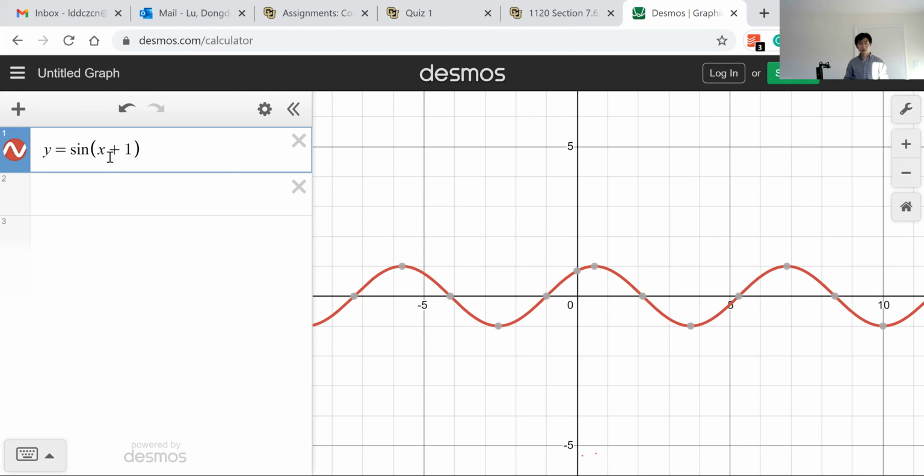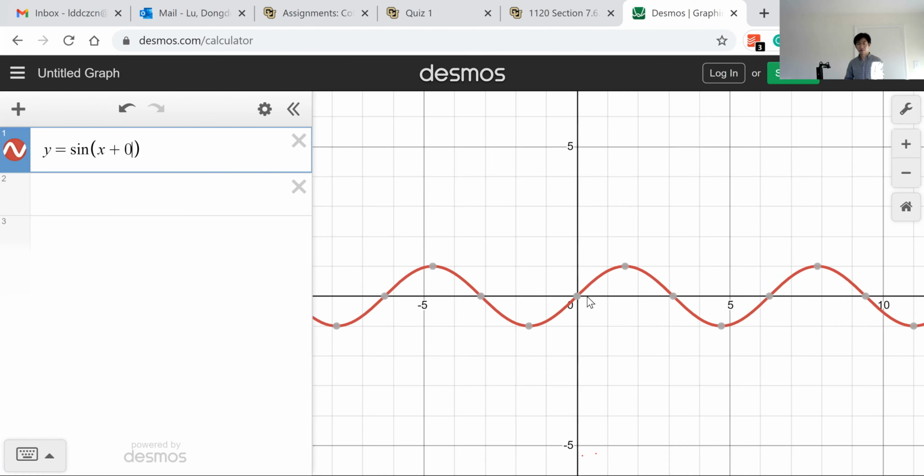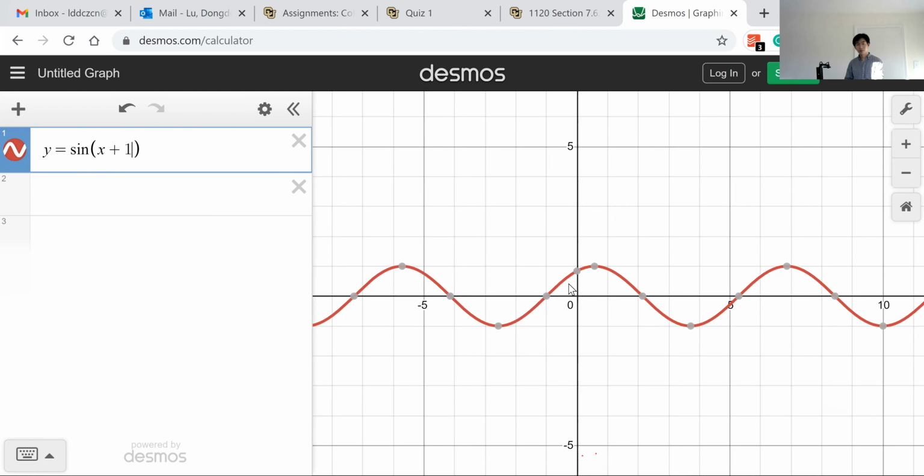Let me delete this 1 and add a 0, which changes nothing. This is the original graph. It goes across the origin. But if we add a 1 here, do you guys see some difference? Originally, it goes across the origin from here. Now it shifts left by 1 unit, right? Everything shifts left by 1 unit.